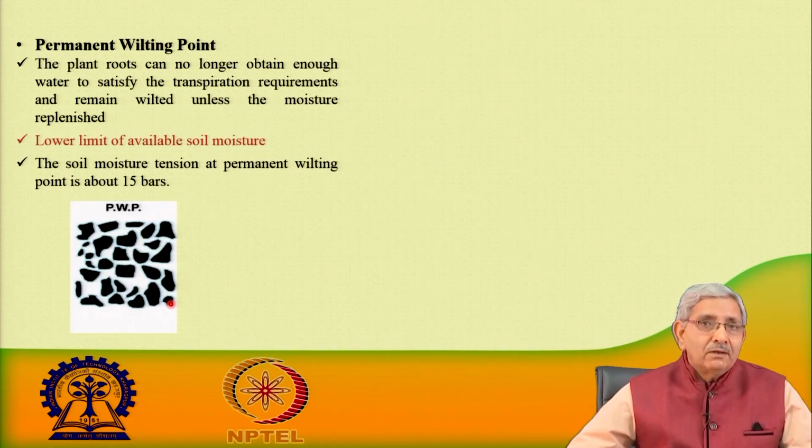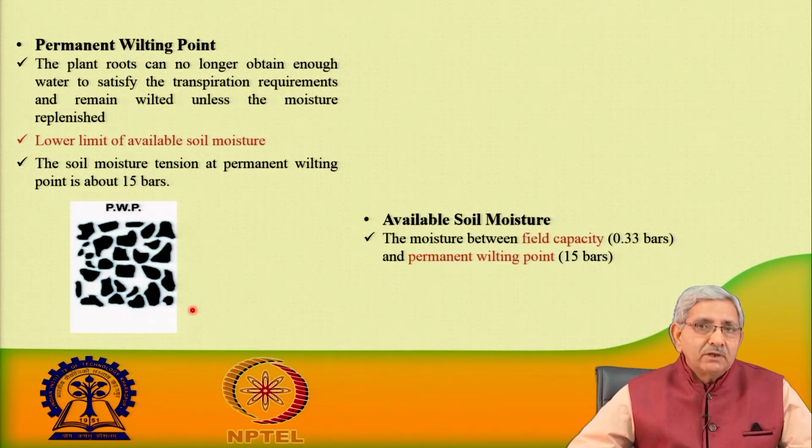In very coarse textured soil where gravel is present, the permanent wilting point could be in the order of 7 to 10 bars, and it could be as high as 22 bars in the case of clay soil. So, the general value which is used is 15 bars for permanent wilting point.